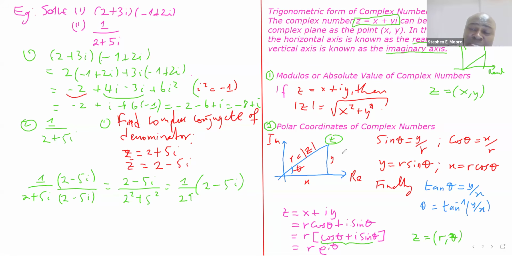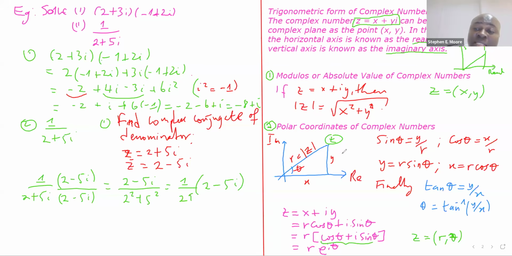If we do that, then this theta, together with y and x, lets us write sine theta as y over the modulus. Here, let's call the modulus r. And then cos theta is x over r.